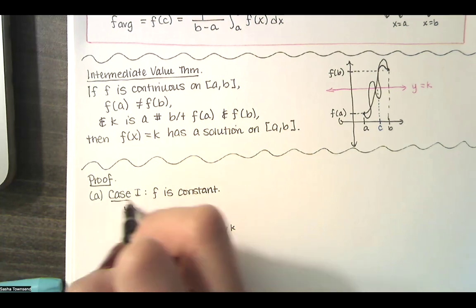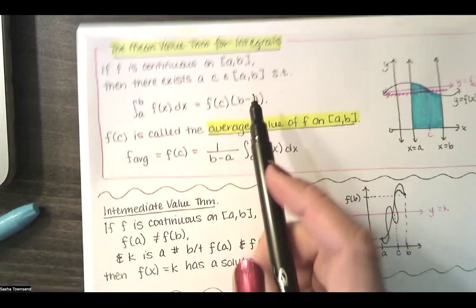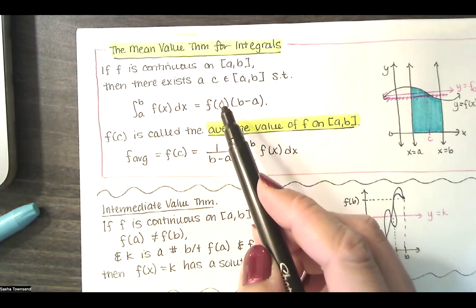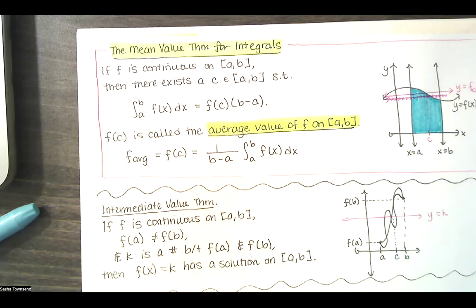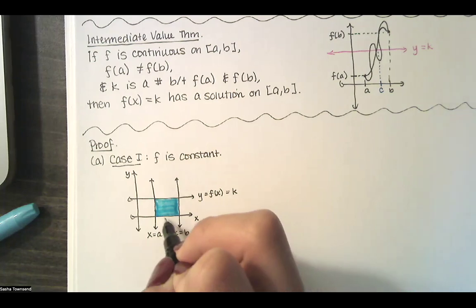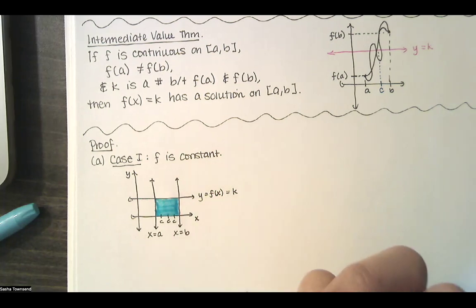F is constant, it's obviously continuous. And the theorem says there exists a c in a to b such that the function value times b minus a is equal to the value of the integral. So, well, yeah, actually any c value would work. I could choose this c or this c or this c. Pretty much every single x value in here maps to the same k value.